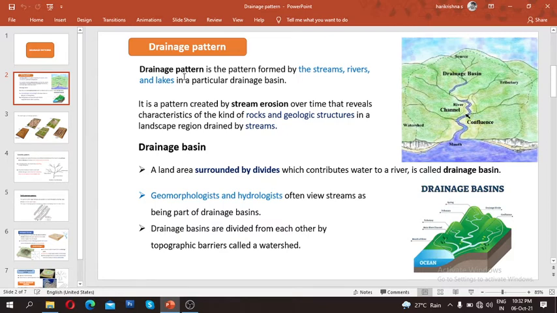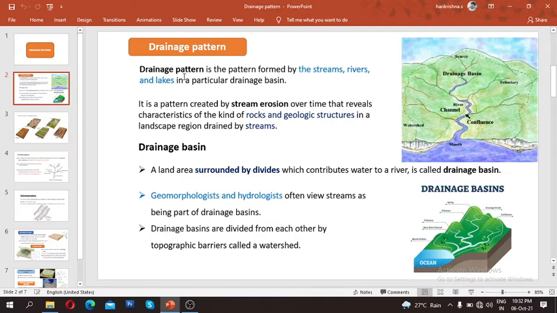Now, how is this particular pattern created for the movement of this water? As we know, this drainage pattern is an underground feature. Even though we are describing it in a peculiar way, we should know how this pattern is created. It is when stream erosion takes place.